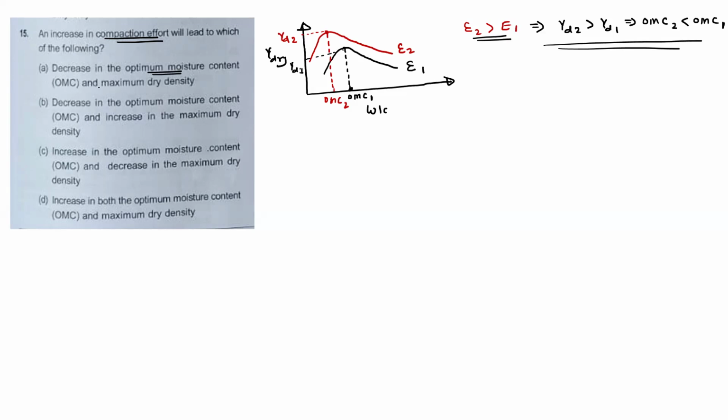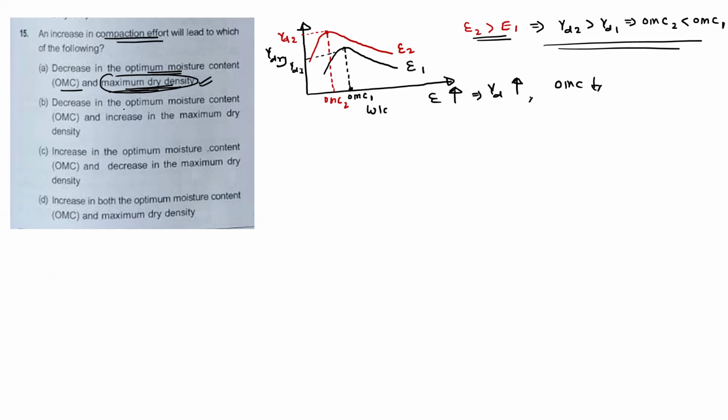Now, decrease in optimum moisture content, OMC, and maximum dry density: decrease in optimum moisture content is true, but there is an increase in maximum dry density. So this statement is half true and this is false. Okay, this is false. So gamma D increases, but OMC decreases as compaction effort increases.